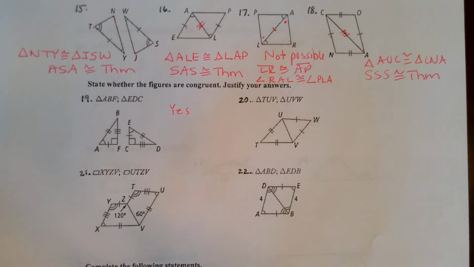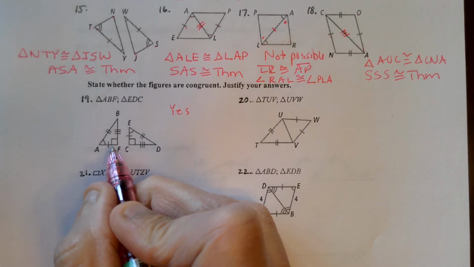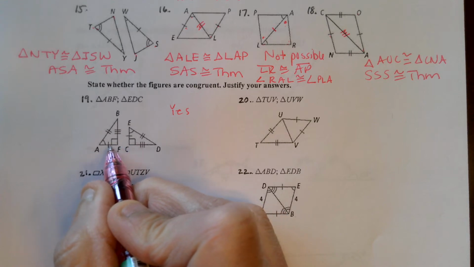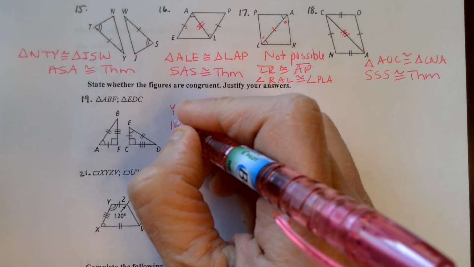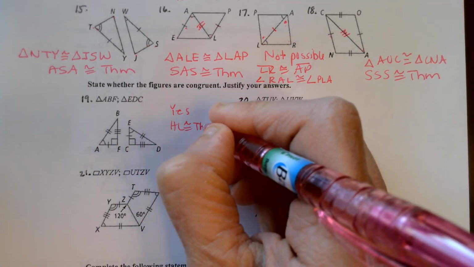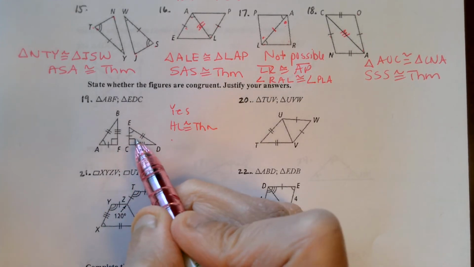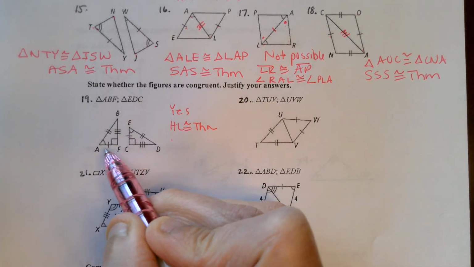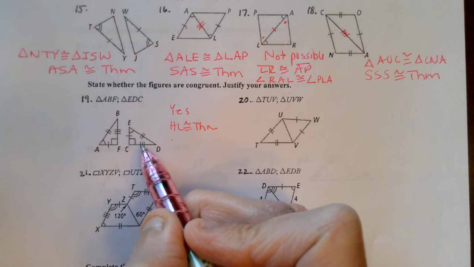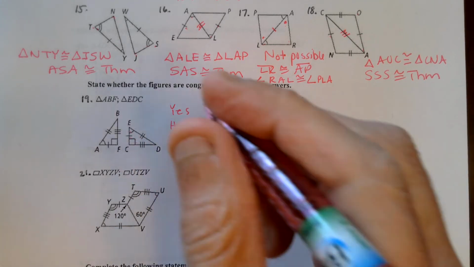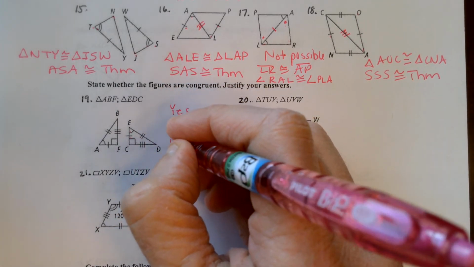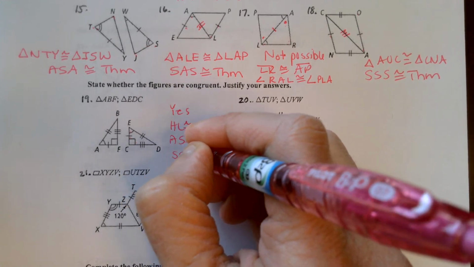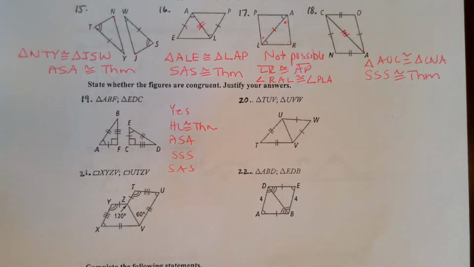Well, there's a bunch of things you could have put. They're right triangles. They have a leg and a hypotenuse. So you could have said HL. You could have said angle, side, angle. You could have said side, side, side. You could have said angle, side. Any of them would have worked. Wow, that's a hard one to get wrong, isn't it? So any of those would have worked.